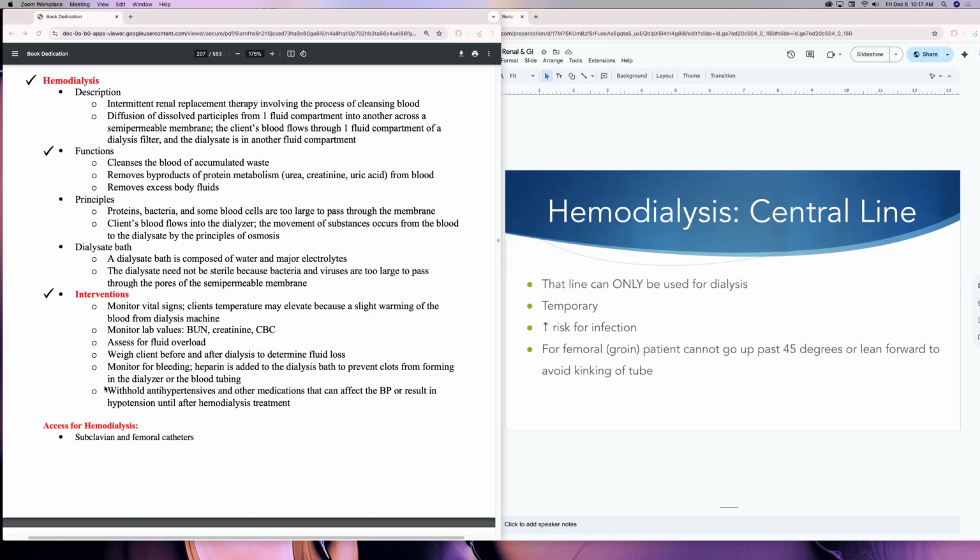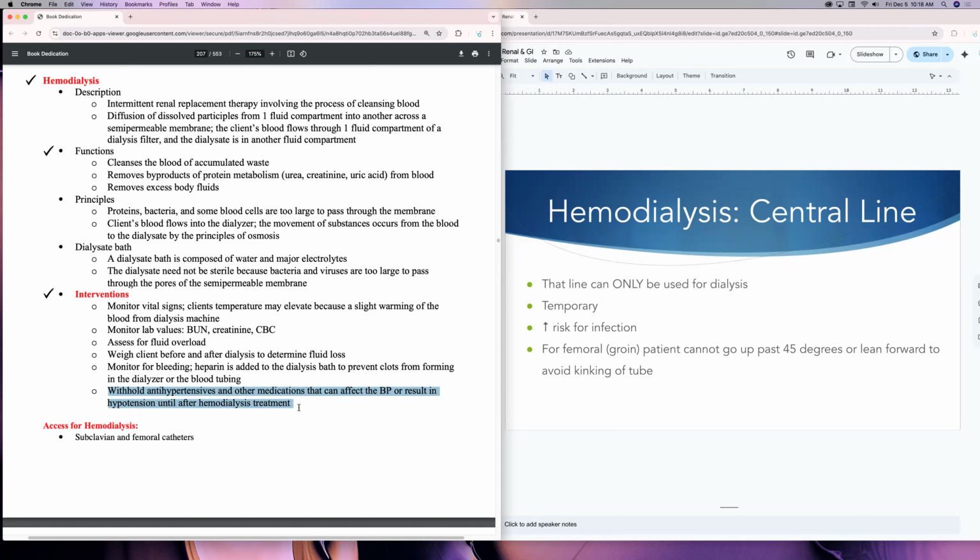And it's also very important that for any antihypertensive medications, you don't want to give them blood pressure medication before they go to dialysis, because after going to dialysis, their blood pressure might drop. Just always keep in mind when you're sending your patient to dialysis, their blood pressure is going to drop because we're removing fluid from their body.